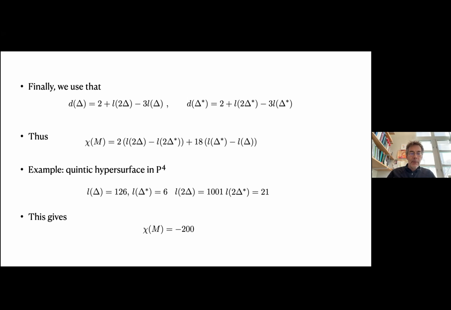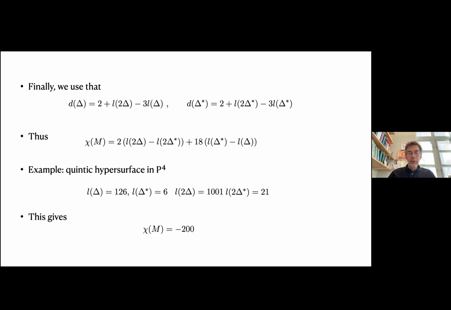Just as everyone's favorite example, to show how beautiful this is, take the quintic hypersurface in P4. Of course, we all know that there are 126 degree 5 monomials. That corresponds to the number of global sections, so that's L of delta. And then for the dual, there are 6. That's the mirror, essentially, the Fermat plus its unique mirror complex structure deformation, there are 6 of those terms.